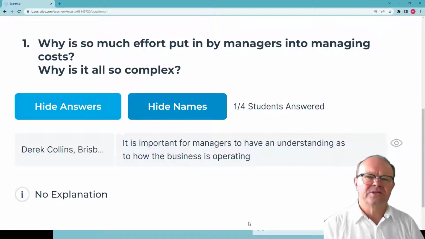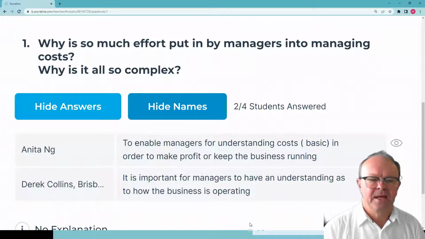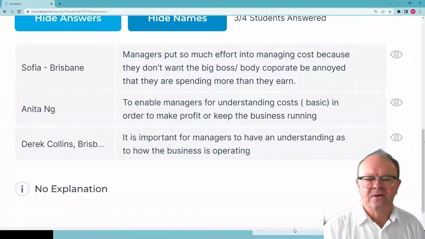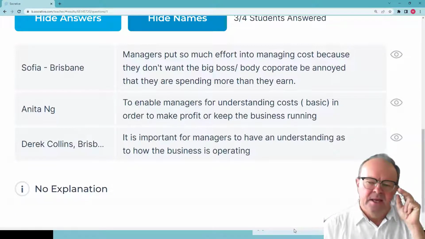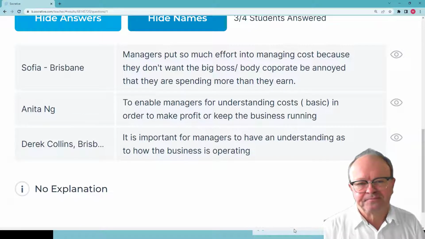Why is so much effort put in by managers into managing costs? Why is it all so complex? Anita: to enable managers to understand costs in order to make profit or keep the business running. Profit equals revenue less costs.